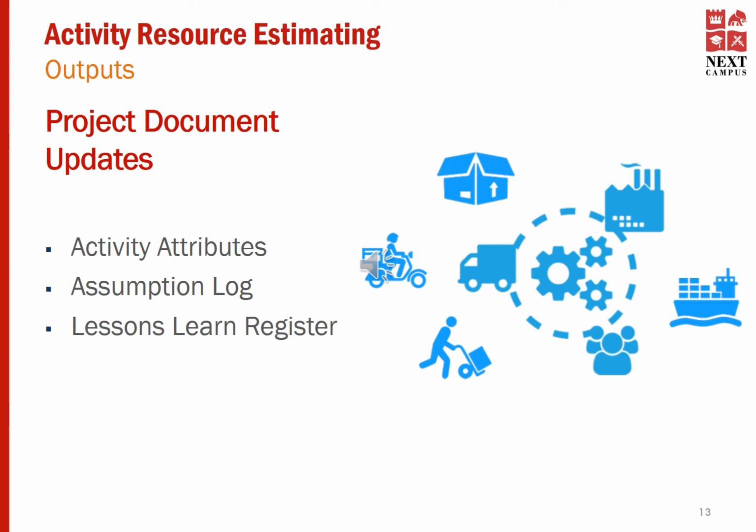Activity attributes can also include discussion of specific constraints that may make completion more difficult. In a nutshell, the resource estimations will have a huge impact on the activities of your project. Therefore, it's important that you keep activity attributes updated in a timely manner.